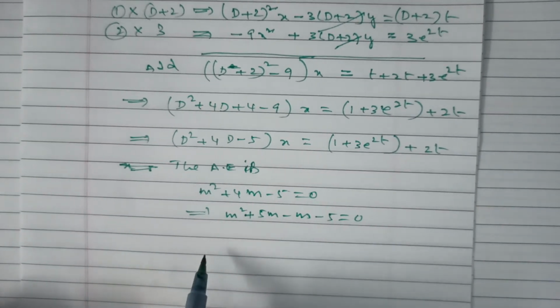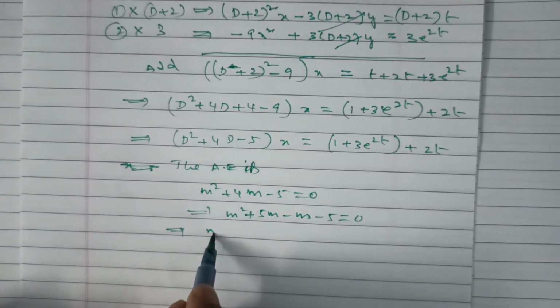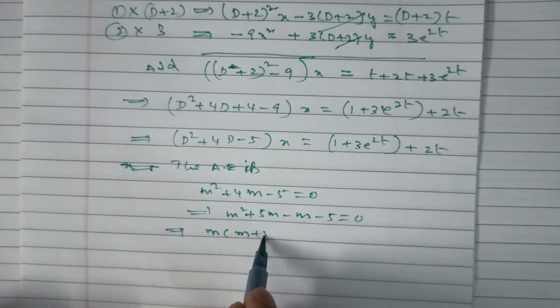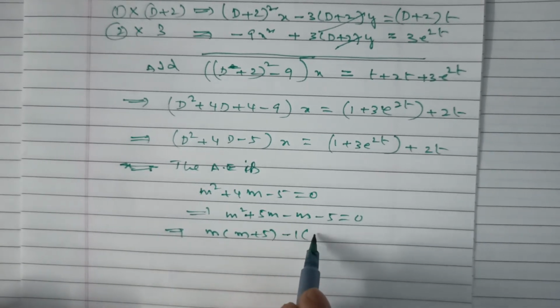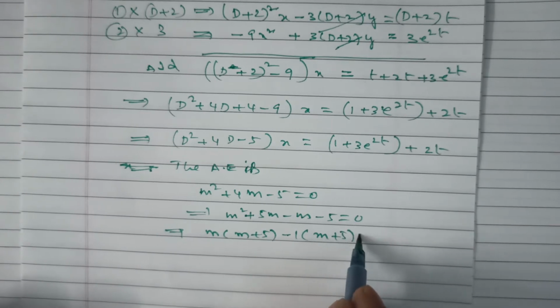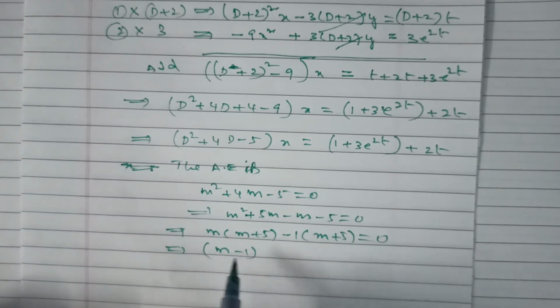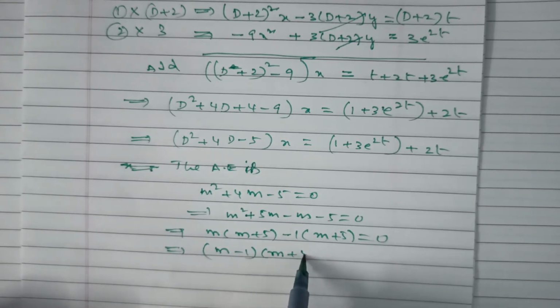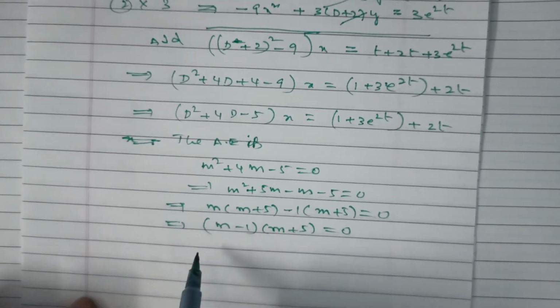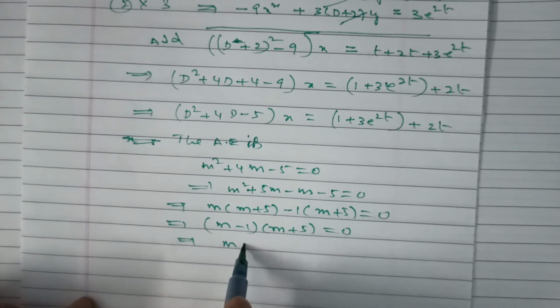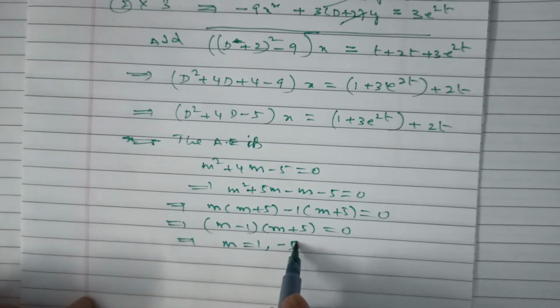Take m common, m plus 5, minus 1 common, m plus 5 is equal to 0, implies (m minus 1) into (m plus 5) is equal to 0, implies m is equal to 1, minus 5.